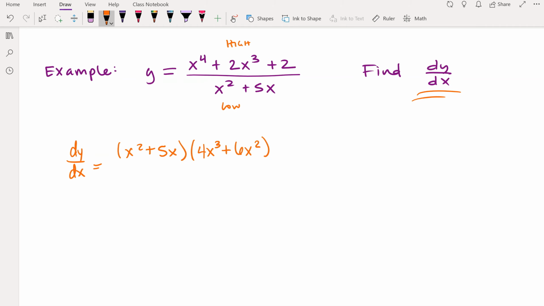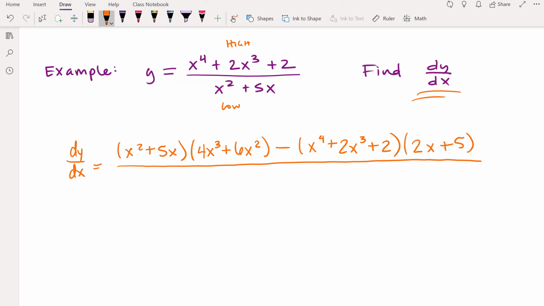So far we have low, d high. Now we need minus high. Just copy the high function, x to the 4th plus 2x cubed plus 2. Copy the high, and then d low. So now we need the derivative of the low function, which is 2x plus 5. That's the derivative of my lower function. All over low, which is the same as low squared.